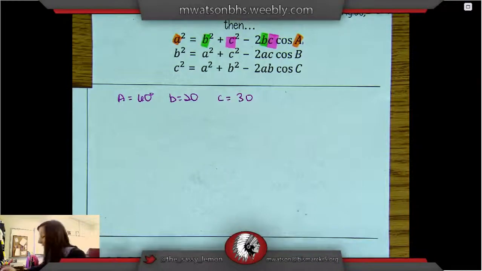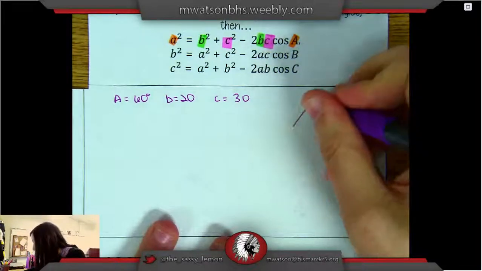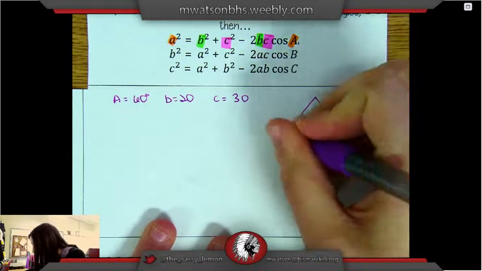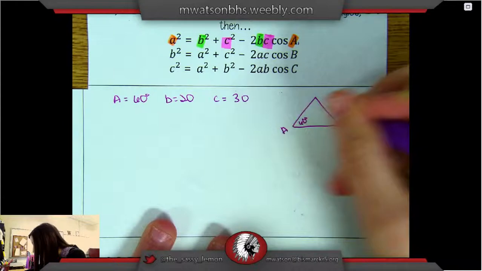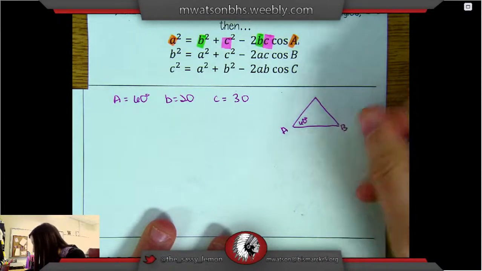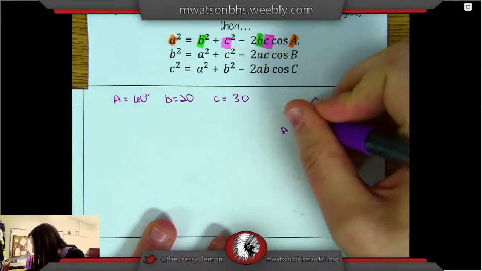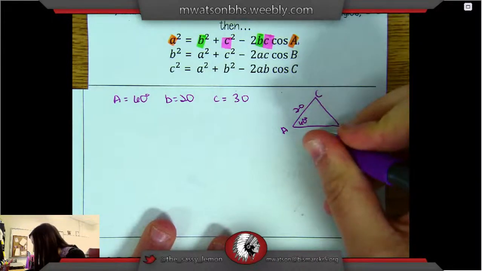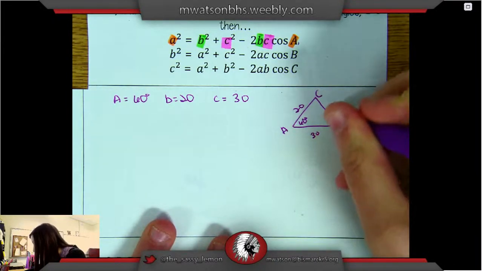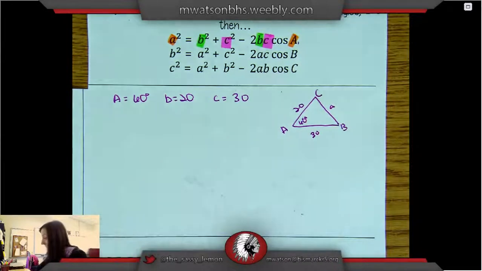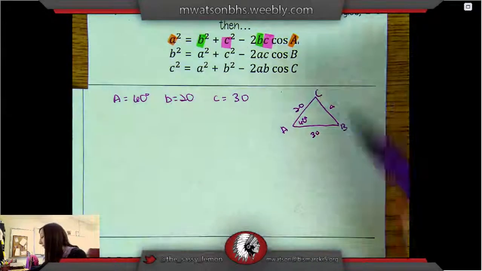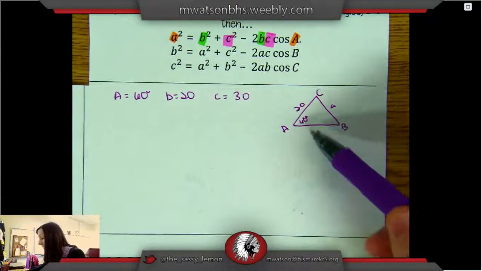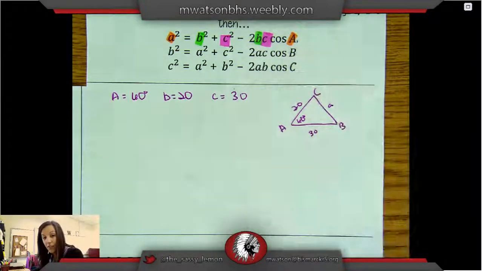So if we sketch this out, angle A is 60 degrees, side length B is 20, side length C is 30, and we don't know side length A. So you can see here that we don't have a known ratio. That's what a side angle side gives you.